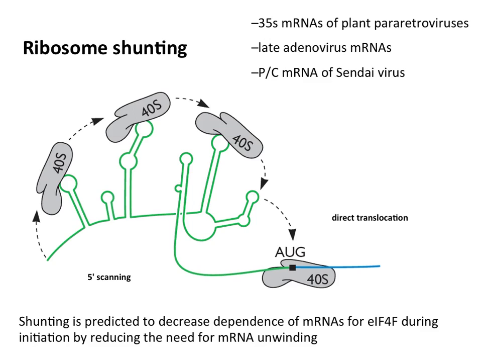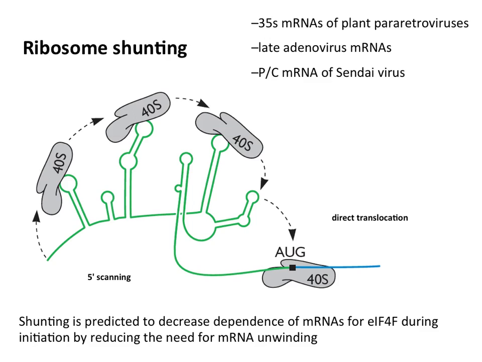Why is it important? Well, many of the responses of a cell to inhibit translation when a virus infects them is to reduce the ability of the cap binding protein complexes to be recruited to viral messenger RNAs.